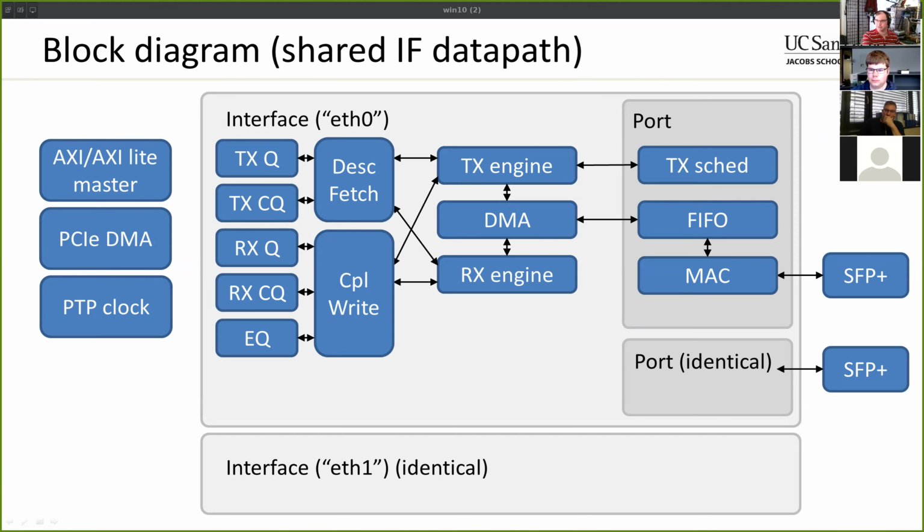This is probably not the most accurate drawing of what the FIFOs are going to look like, because the idea is to use something like a shared memory FIFO, where it'll be a combination of a large on-chip RAM for storing all the data, plus all of the multiplexing logic and whatnot.